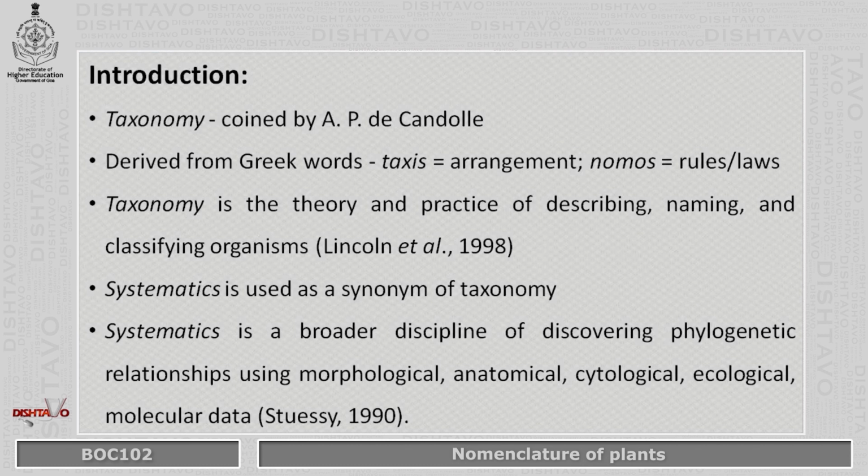In recent years, the word taxonomy has been replaced by systematics. Systematics is a broader discipline of discovering phylogenetic relationships using morphological, anatomical, cytological, ecological, and molecular data.